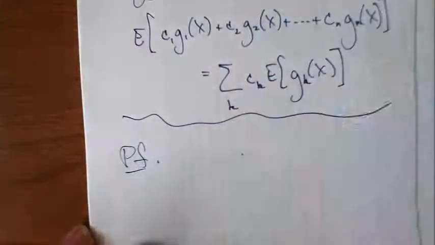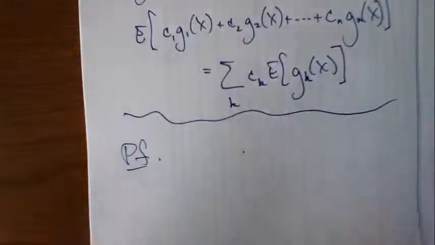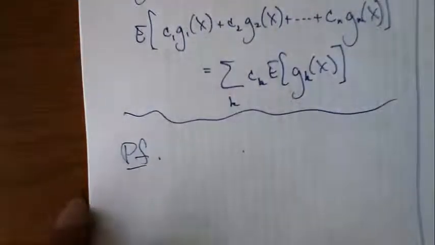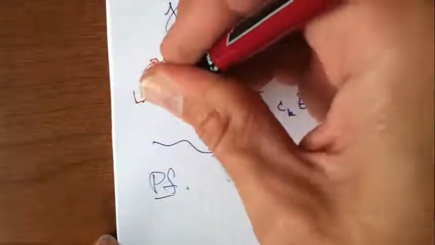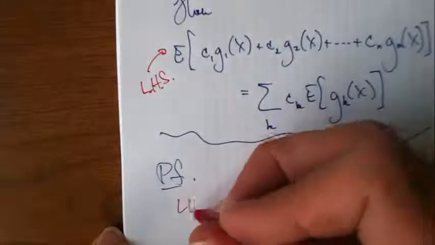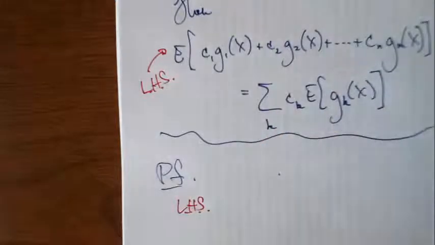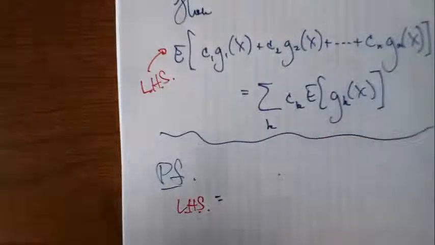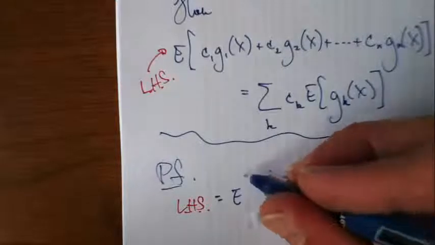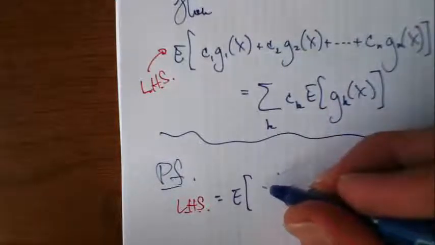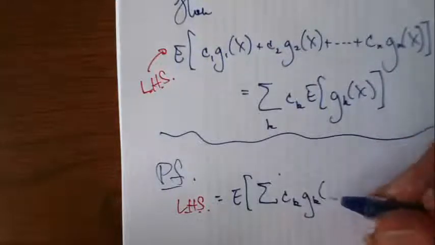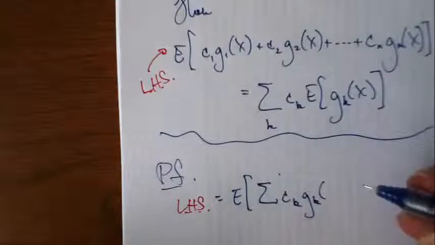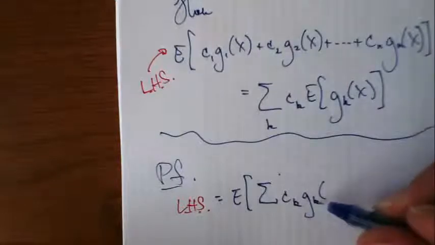So first of all, I'm going to start with the left-hand side and try to get to the right. So this is my left-hand side, LHS. Can I write that more succinctly? Yeah, I think I can write that as the expected value of the sum of C sub k, G sub k of X. What should I use for a dummy index?